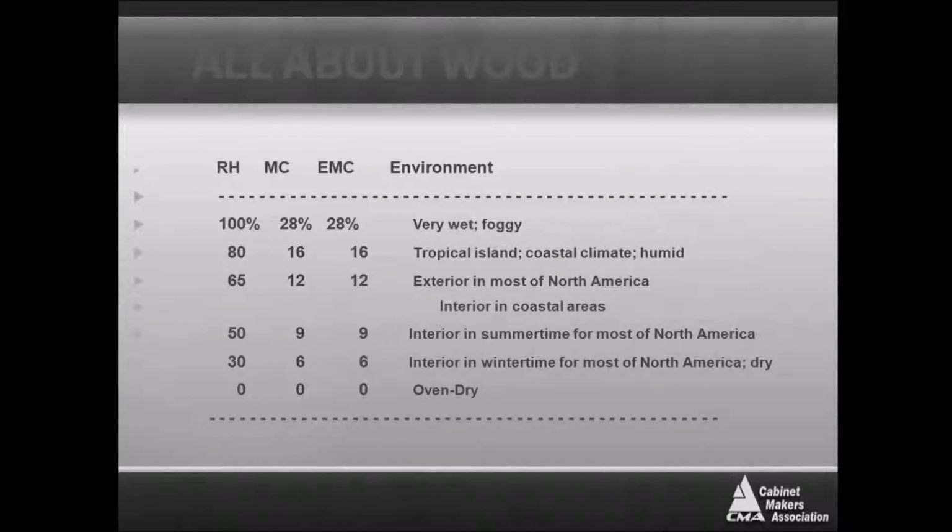Now, most of you folks are going to be making cabinets for interior use, which means the interior environment might get to 50% relative humidity on the average, but not much more humid than that. 9% moisture, 9% EMC.